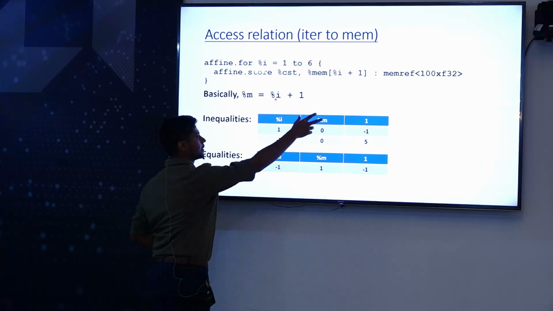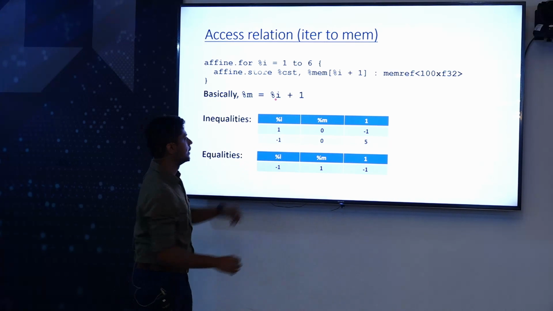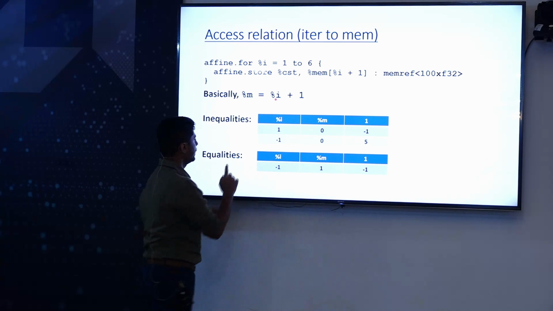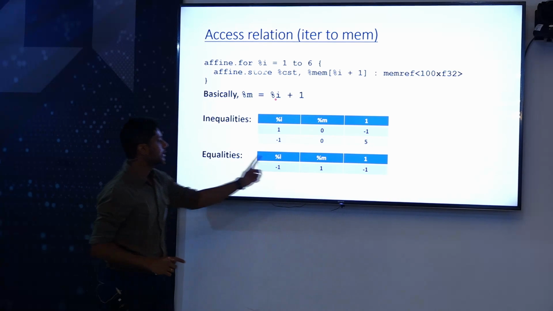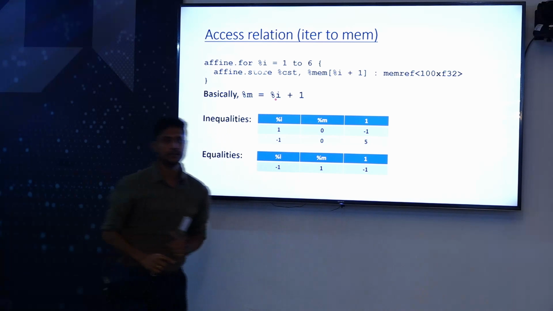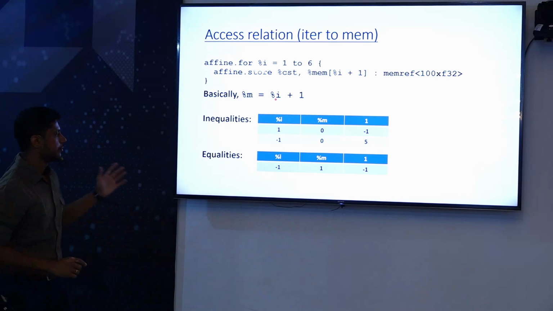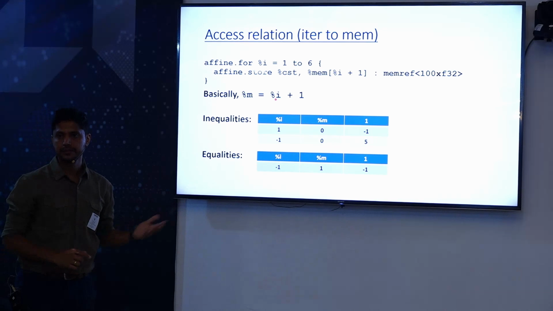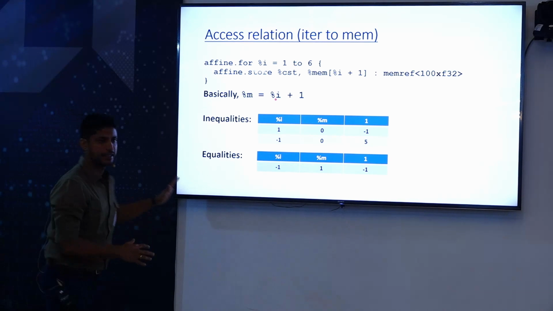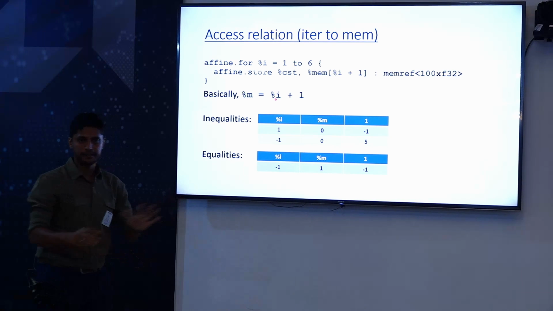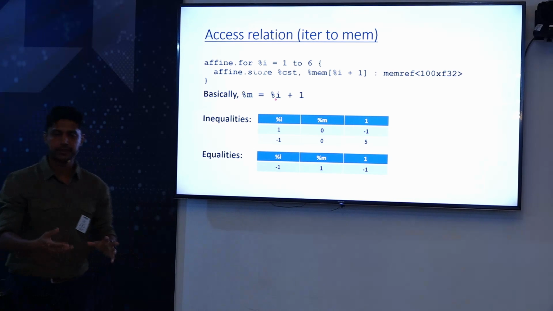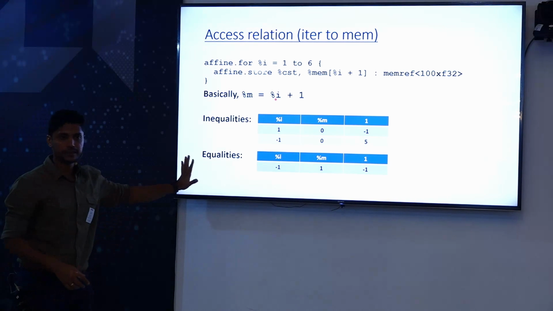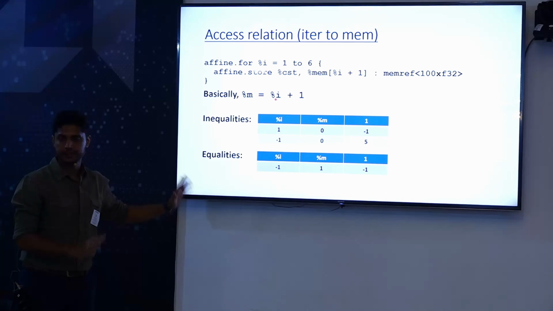I introduced another column inside it, that is M. M's lower bound and upper bound are not defined for now, but I introduce an equality and I say M equal to I plus 1, or minus I plus M minus 1 equal to 0, which is M equal to I plus 1. So this is an affine relation. Now again, we will ask some questions like is empty, to actually use it. But is this clear? It's an affine relation.